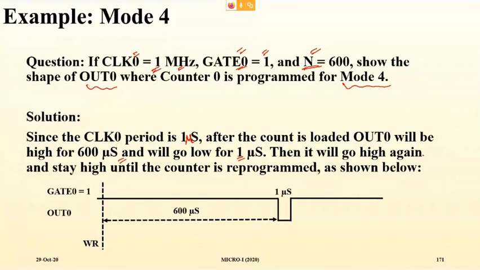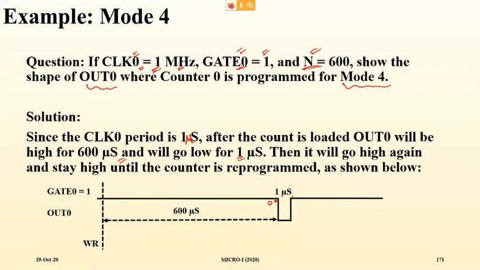Anyone having any doubt or difficulty how this particular thing is working in mode 4? Remember, you loaded the count with 600. So for 600 microsecond, it will remain high. The moment you reach the terminal count, 0 here in this case, it will go low for 1 microsecond, because it is having a clock of 1 megahertz.